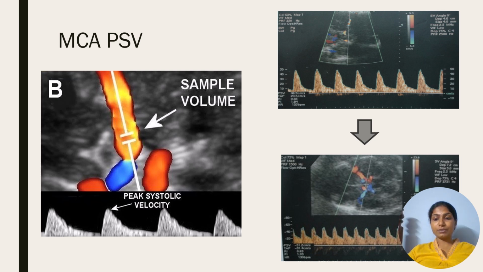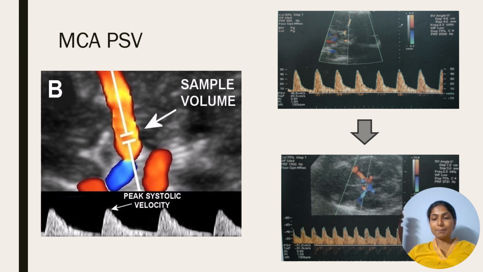Before, we used to do amniotic fluid spectrophotometry, Liley's graph and so on, but now we have the best investigation, that is middle cerebral artery peak systolic velocity. As fetal anemia increases, the velocity to the brain also increases. This is the principle behind doing an MCA-PSV in diagnosing fetal anemia.